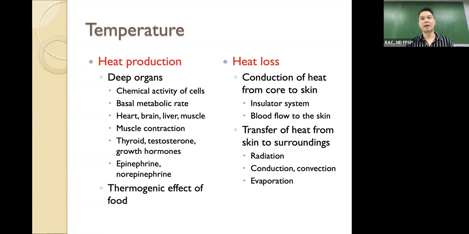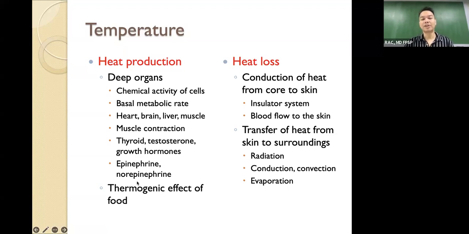Of course, the metabolism of these cells is highly dependent on certain hormones, primarily the thyroid hormone. We all know that the thyroid hormone controls our metabolism. Other hormones include testosterone, growth hormone, and catecholamines. All of these hormones can affect the generation of our core temperature.